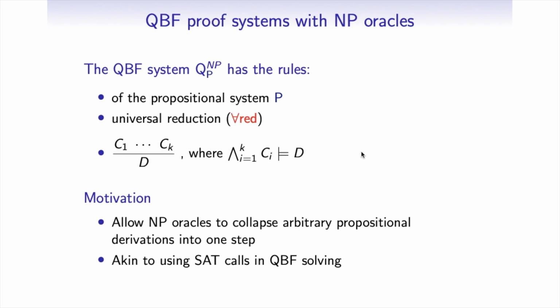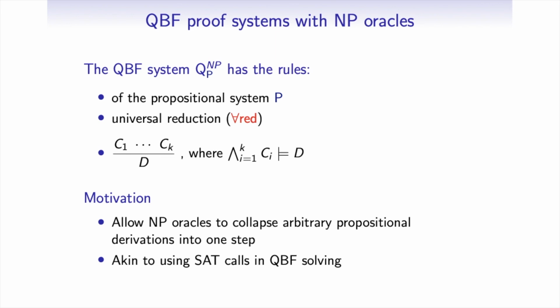So it's essentially allowing you to collapse arbitrary derivations from P into a single step. That's the idea. And it's something rather like using SAT calls in QBF solving. I mentioned earlier QBF solvers often use SAT solvers as an oracle. And here you've essentially got an oracle in your proof system which allows you to collapse any propositional derivation to just a single step.